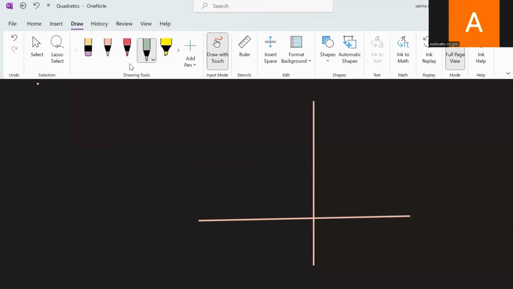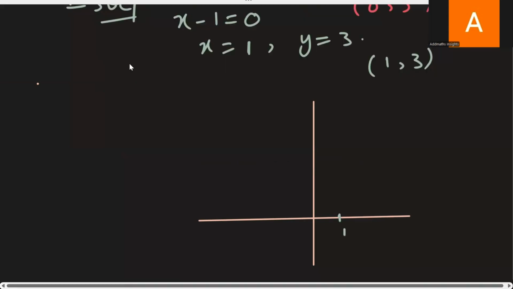Then we mark 1, 2, 3 and 1, 2, 3, 4, 5, 6.